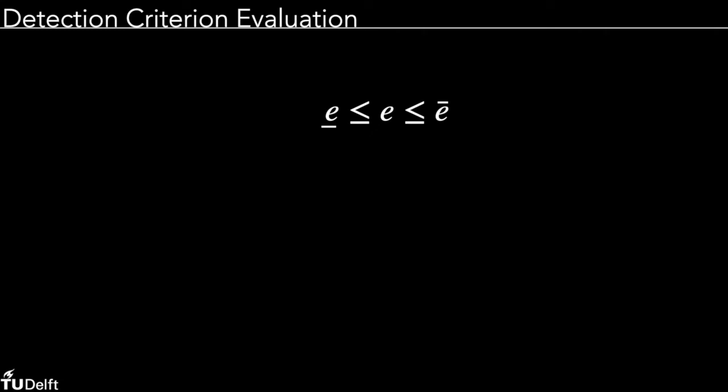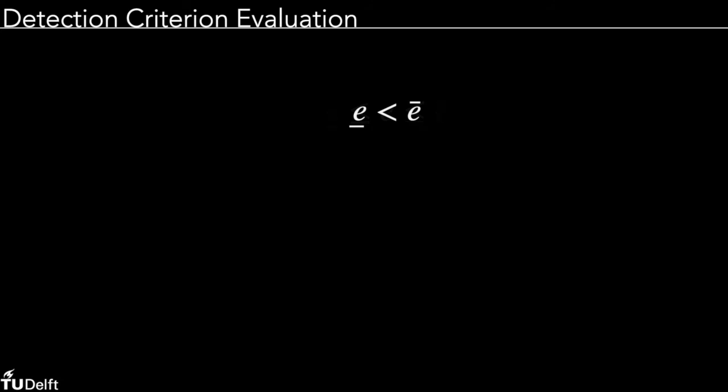Denoting under bar E as the lower bound on E and upper bar E as the upper bound on E, we now have this condition, but we don't know the real observer error E. So this is not a condition which we can directly check for fault detection. So we have one more step to make. And in this step, we just get rid of E, leaving us with a very logical condition that we can easily check.